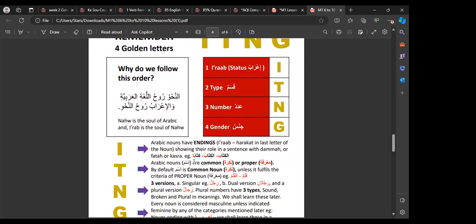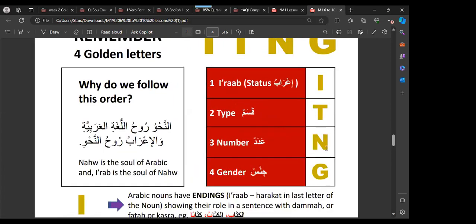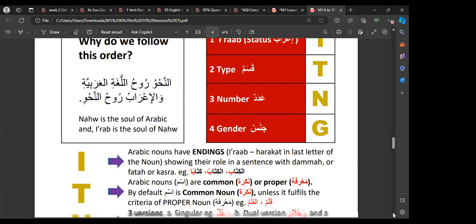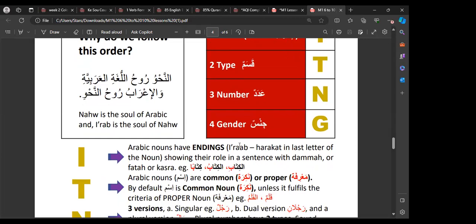Let me zoom in a little bit. Kitaban, yes. So they all mean book. All of these words mean book or our book. Al-Kitabi, the book. Al-Kitabu, the book. Kitaban. Why are they different? This is what I'rab explains.